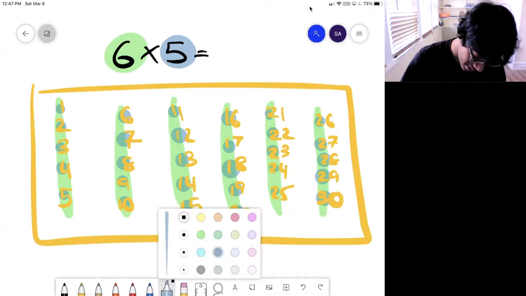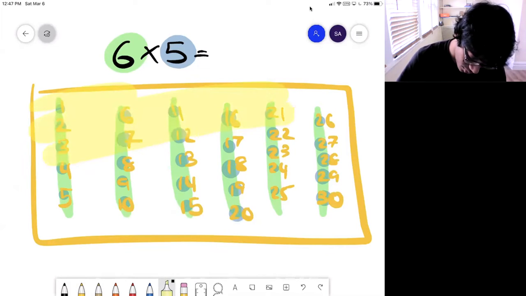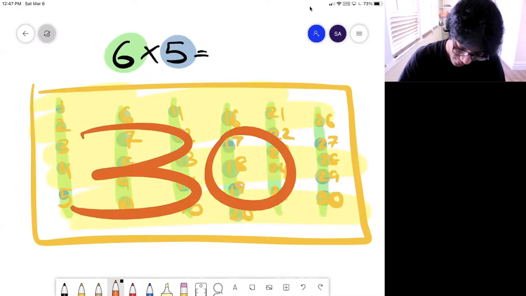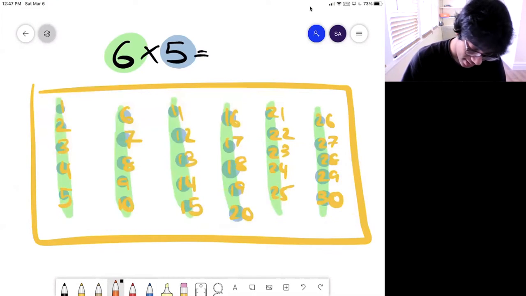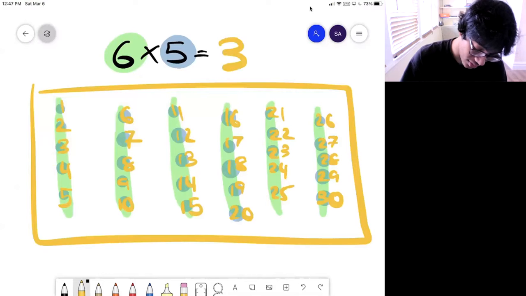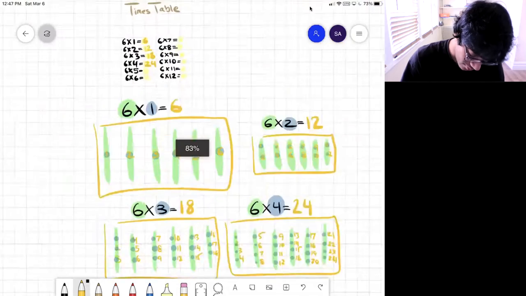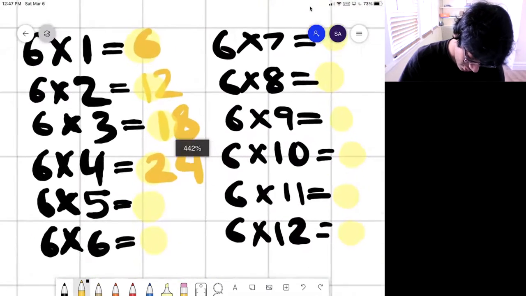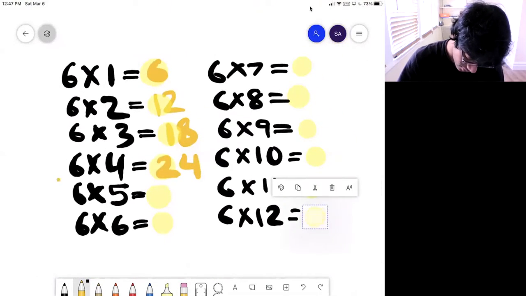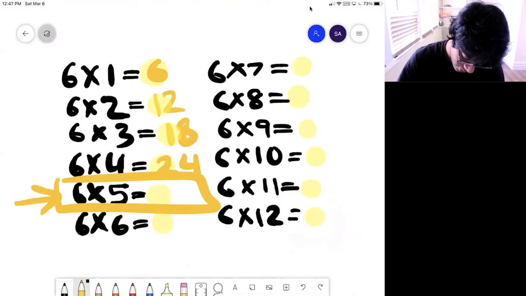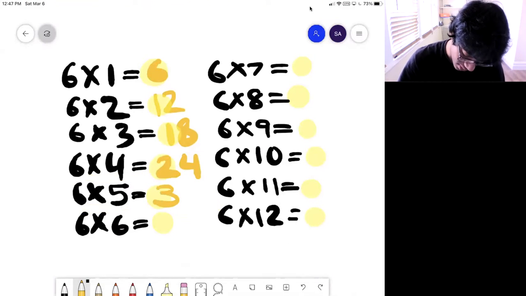So how many dots in this whole shebang? Well, there's 30 dots. So 6 times 5, that's going to be 30. Okay, so let me go back to my table and I can write 6 times 5, I'm going to write that that's just 30.